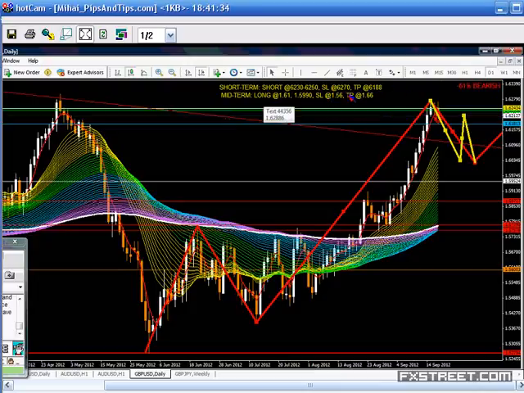It doesn't conflict at all with the midterm long. On the contrary, it's basically the preparation for this midterm setup, which starts right where the first short-term setup ends. So they come in this sequence: short-term short, midterm long.